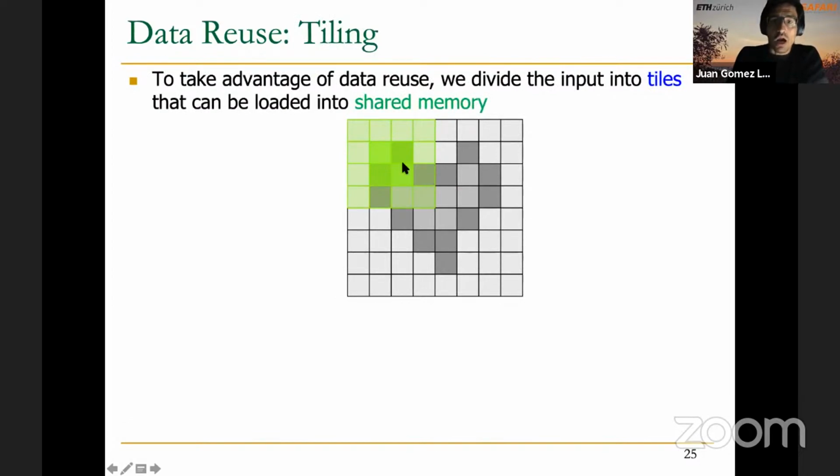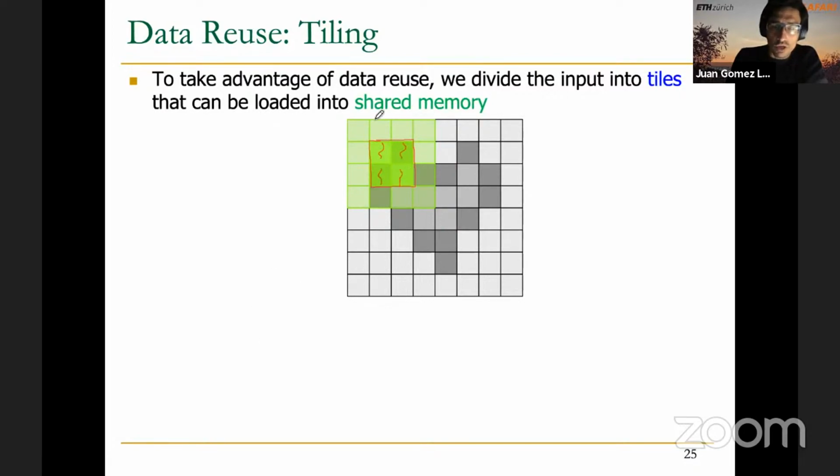And this memory, in the case of the GPUs, is the shared memory. So what we are going to do, assuming that we are using 4 by 4 thread blocks, is have one thread block operating on this part of the image. One thread here, another thread here, another here, and another here.